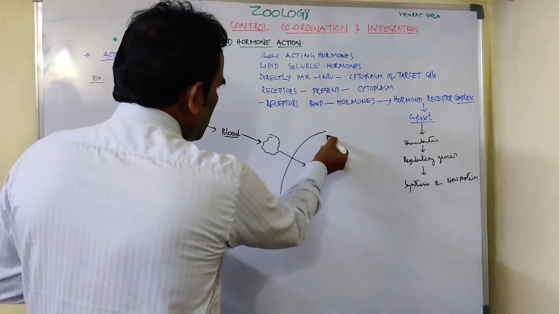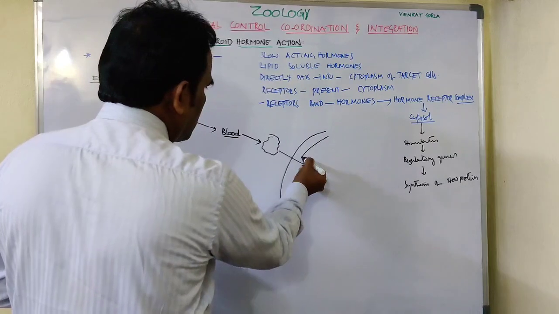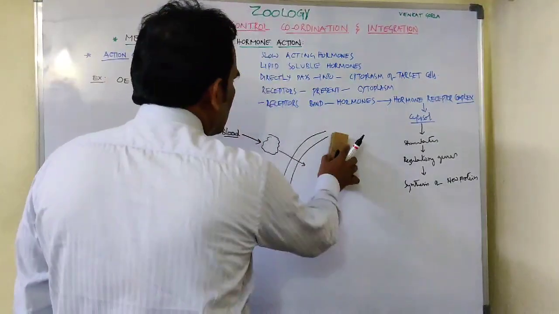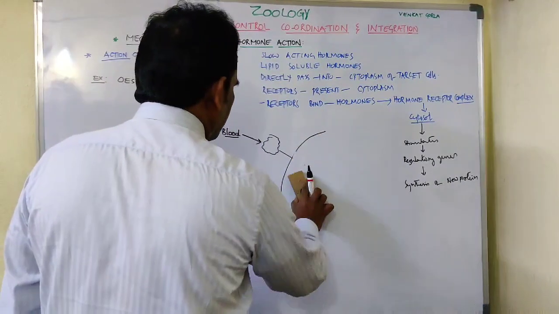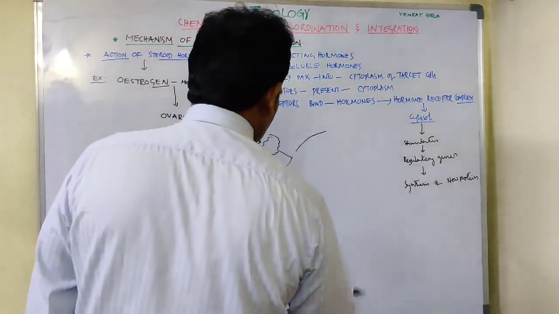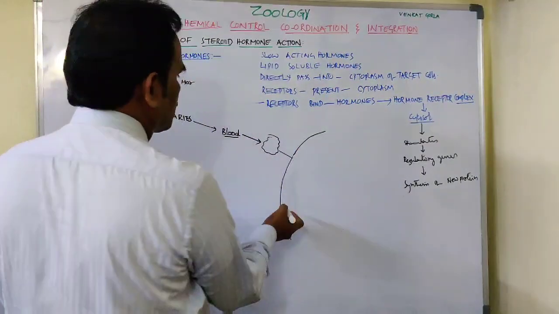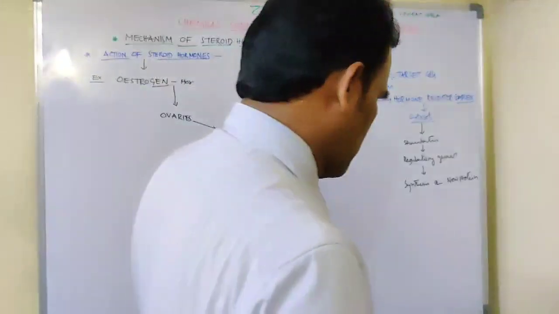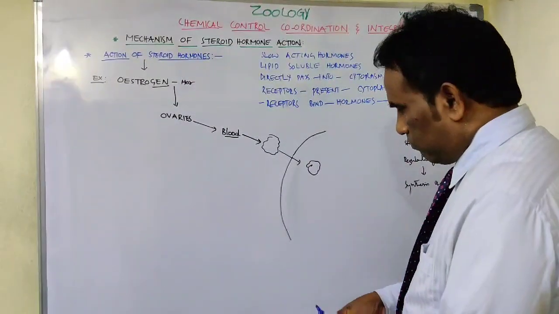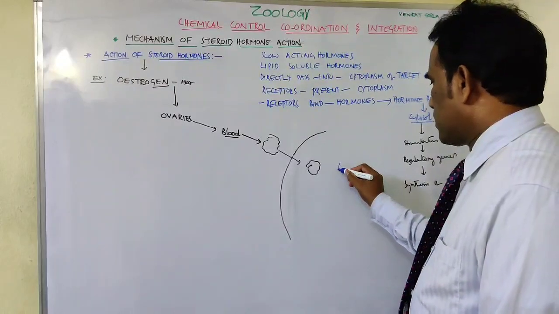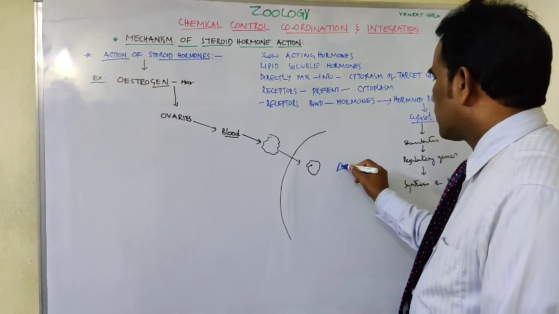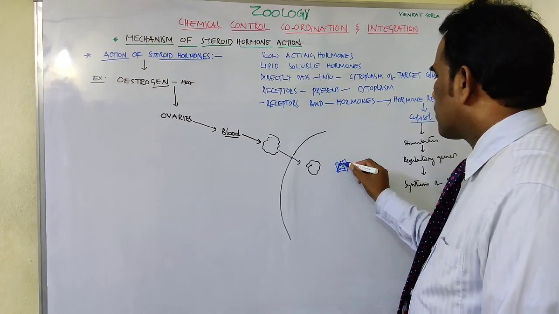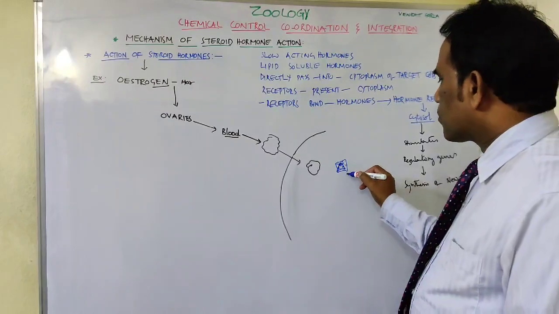Think of this as the cell membrane. The hormone enters the cytoplasm of the cell. In this cytoplasm there are receptors.